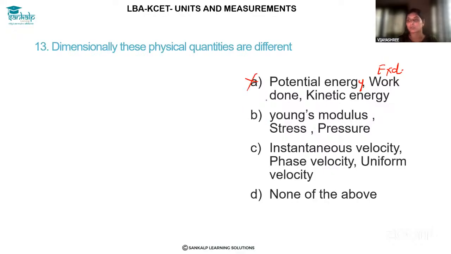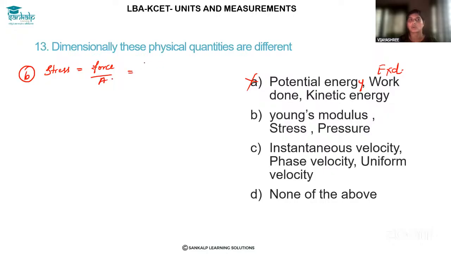Option B, let us look at option B. Okay, Young's modulus, stress and pressure. These three quantities we have to verify. First, stress. What is stress? Stress is equal to force divided by area.